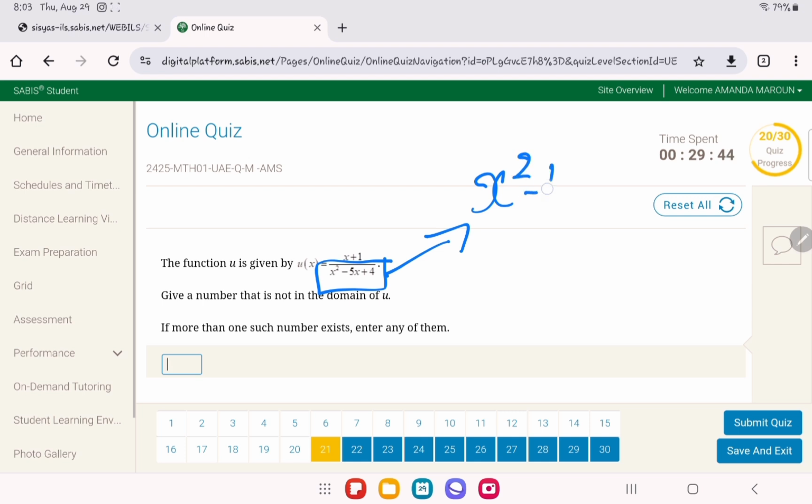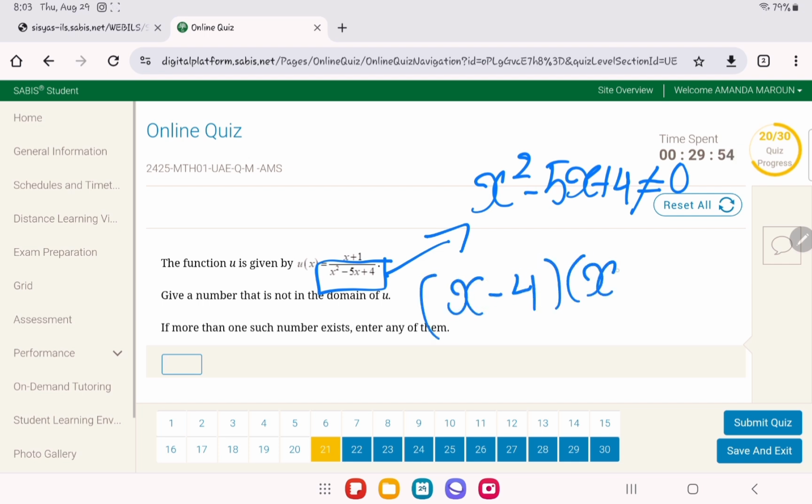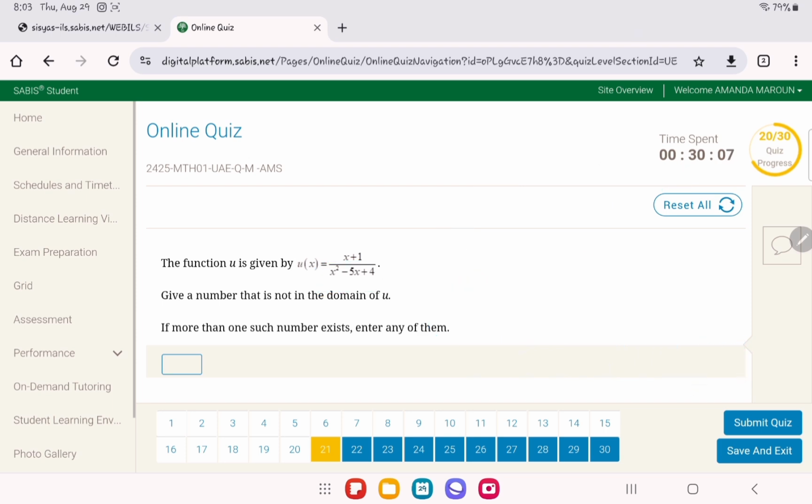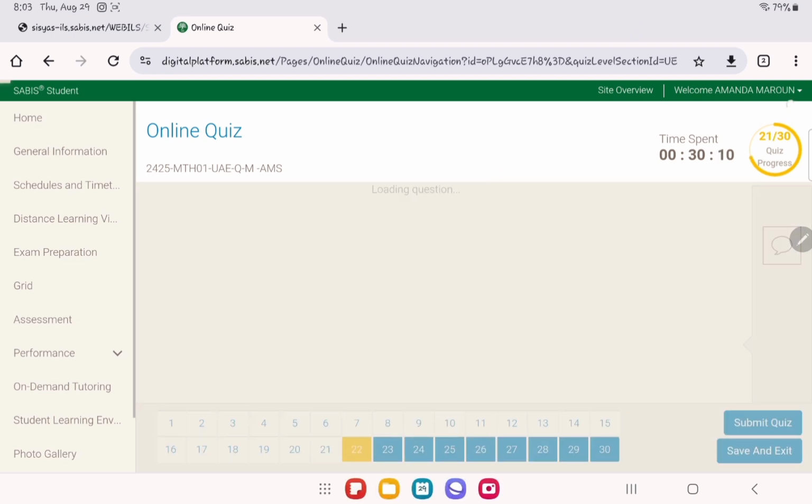So x squared minus 5x plus 4 different than 0. If we factor it by doing the product sum, you're going to get (x minus 4)(x minus 1) different than 0. So x is different than 4 or x is different than 1. You can put any of them, both of them work. So if you put 1, it's correct, and if you put 4, it is correct.